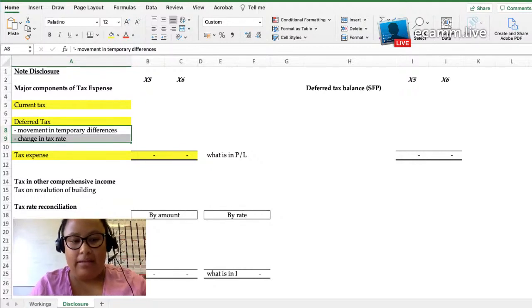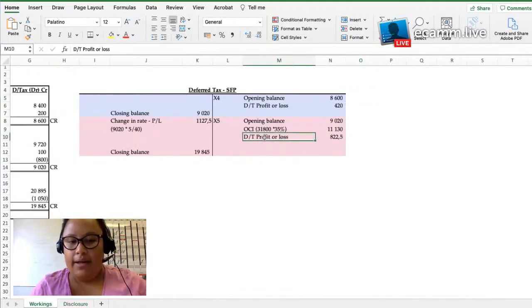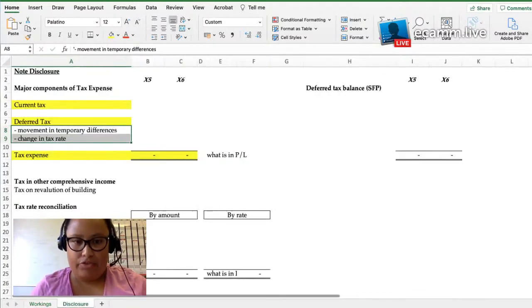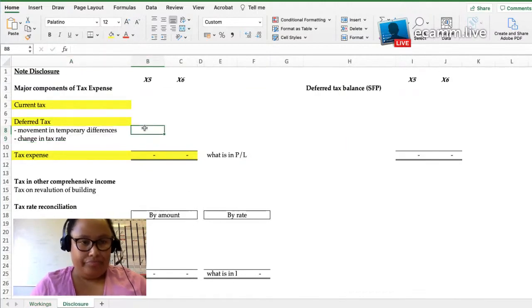If I go back to my workings over here, two things went through profit or loss: the change in rate and the movement in temporary differences.